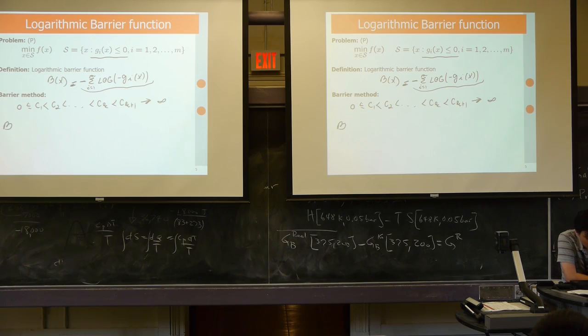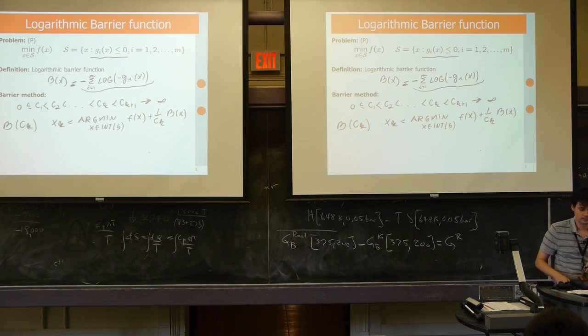And the barrier problem with parameter ck is defined as: xk is the argmin, inside of set S, of the function f(x) plus 1 over ck times the barrier function at x. Because I'm too lazy to write, I will just denote this 1 over ck with mu k. So ck is diverging to infinity, so this mu k will converge to 0.